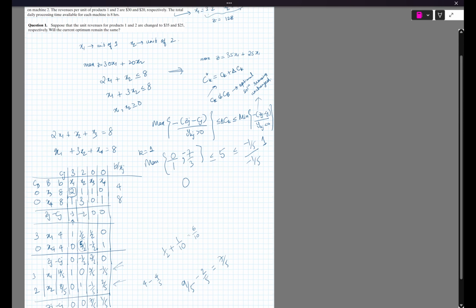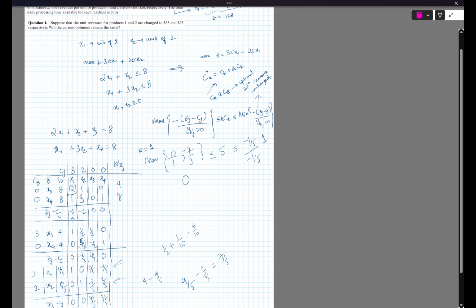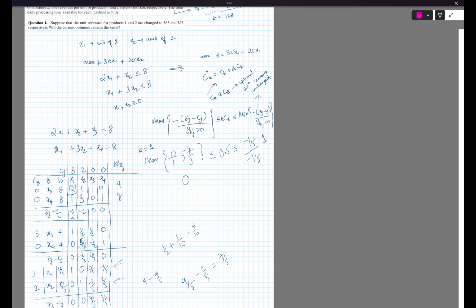That is not correct, no? Oh no, that is correct actually. Because the condition is about Ck and delta Ck. I have to take 0.5 actually here. Because I considered 3 and 2 instead of 30 and 20.